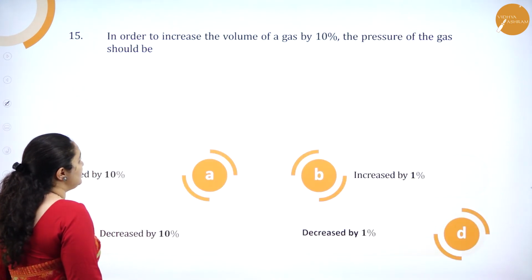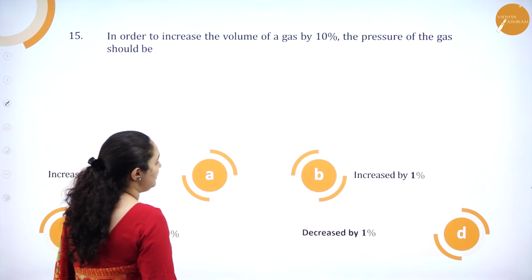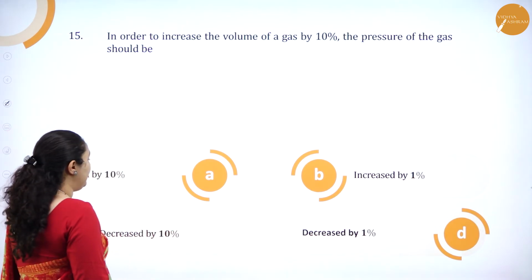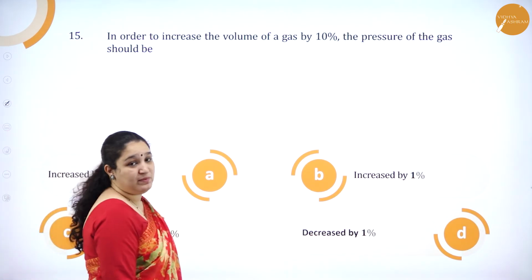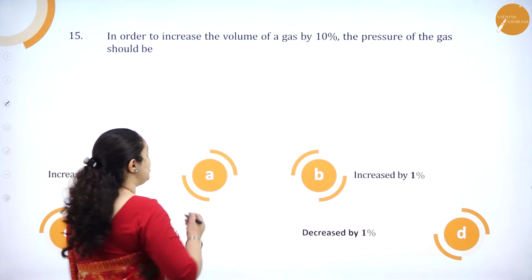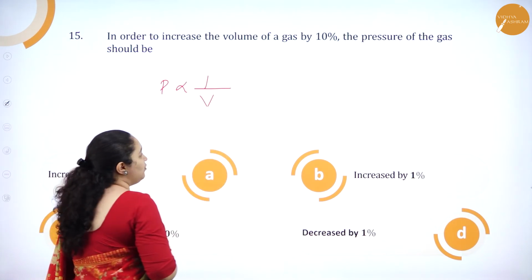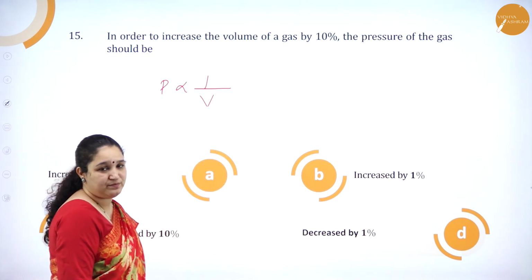In order to increase the volume of gas by 10%, the pressure of the gas should be increased by 10%, increased by 1%, decreased by 10%, decreased by 1%. So, what is the pressure volume relationship? Boyle's law. Pressure is inversely proportional to the volume at constant temperature. Correct?